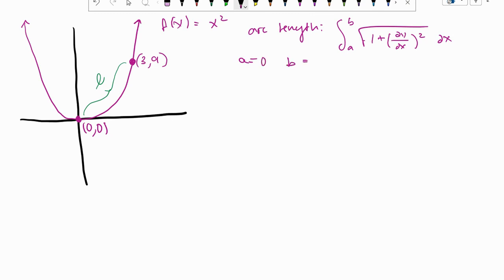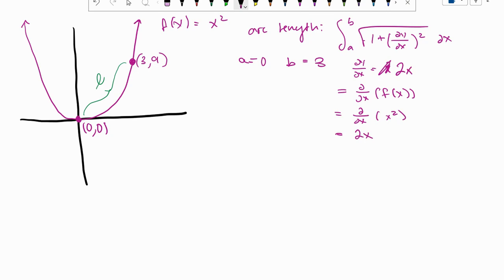B is the x value where the arc ends, and that is 3. And what is dy dx? Well, dy dx equals the derivative of f of x, which equals the derivative of x squared, which is 2x. So dy dx equals 2x.